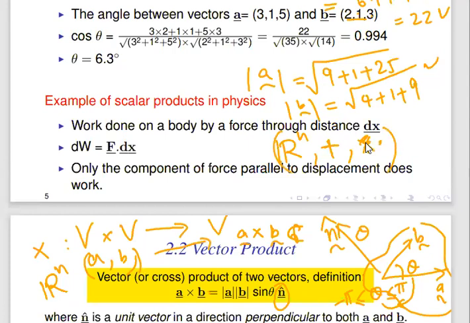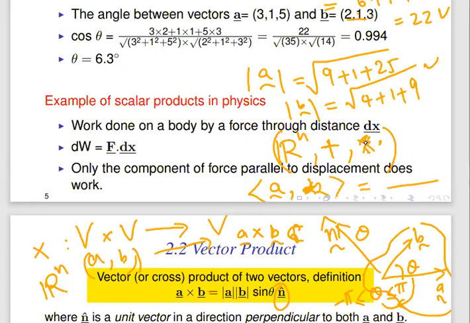You can define a product on it. Generally, you can define an inner product between any two vectors, for any dimension.